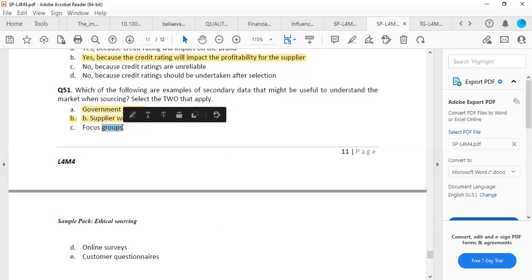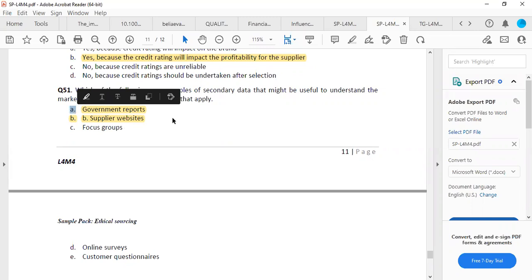Is it secondary or primary data? It's primary data. Because if you issue a questionnaire to me online, you are collecting primary data. Yeah. Okay. So government reports and supplier websites.